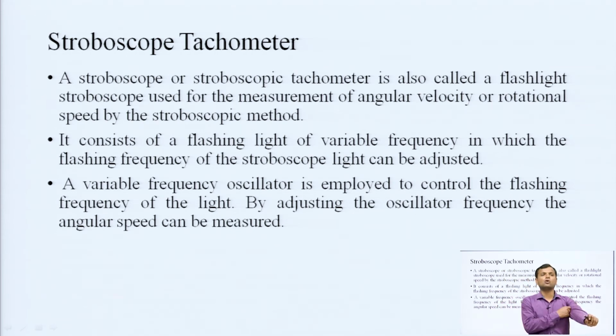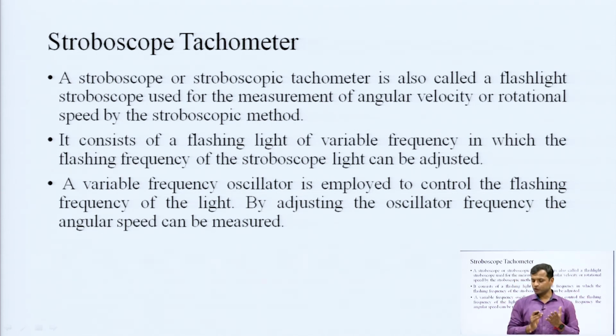Now, we will see about the stroboscope tachometer. When we use the term tachometer, what does that mean? We are using this to measure the angular speed or the angular displacement.